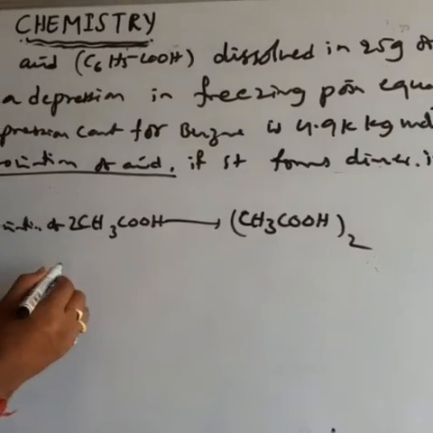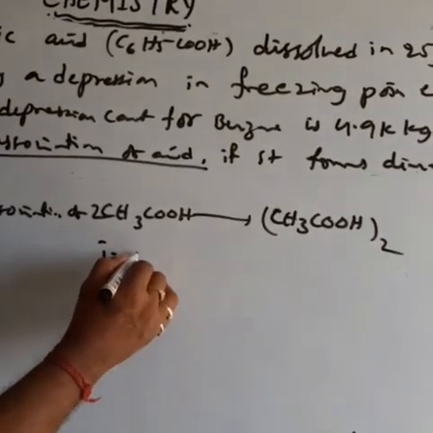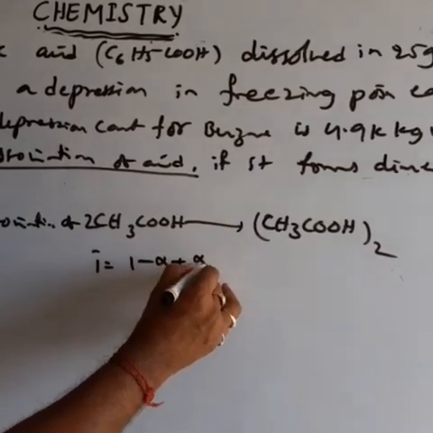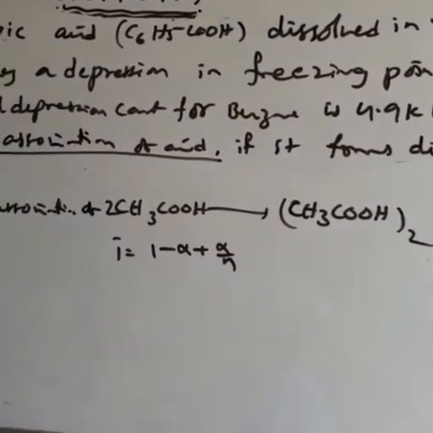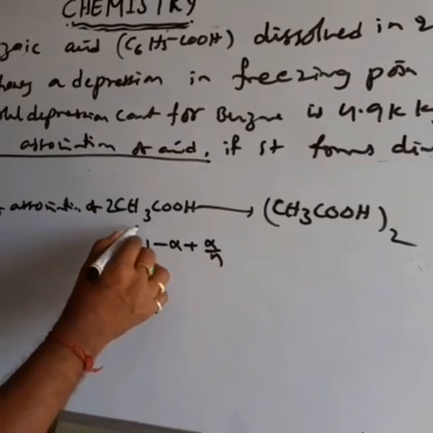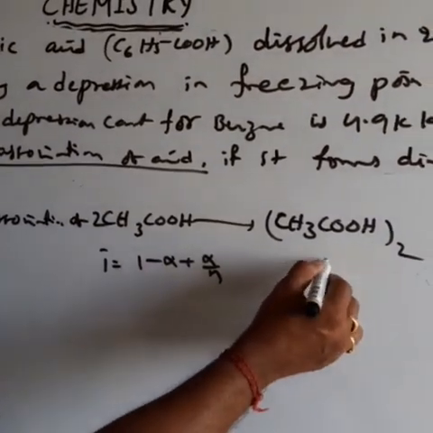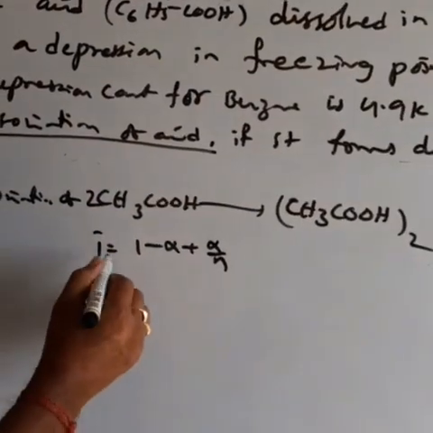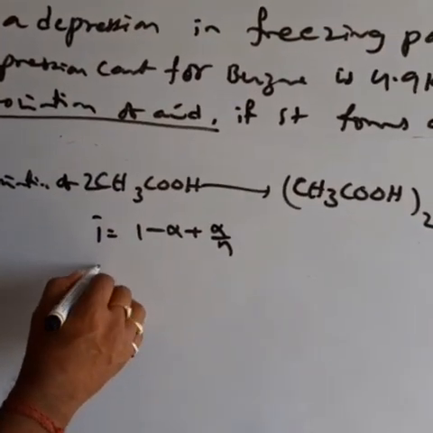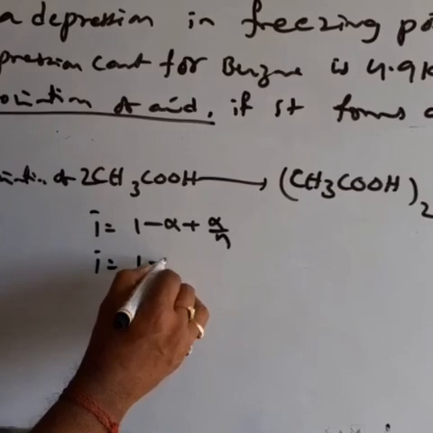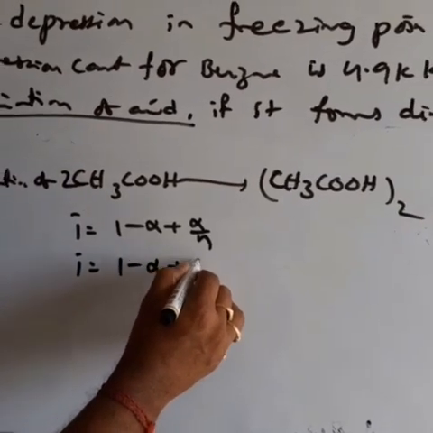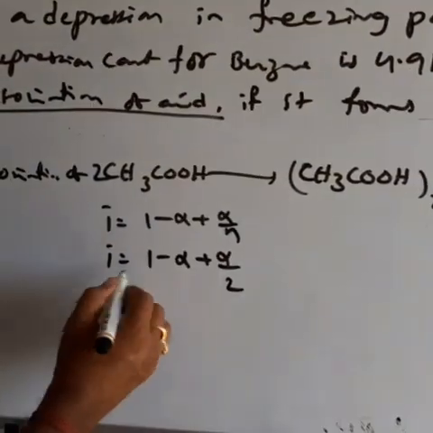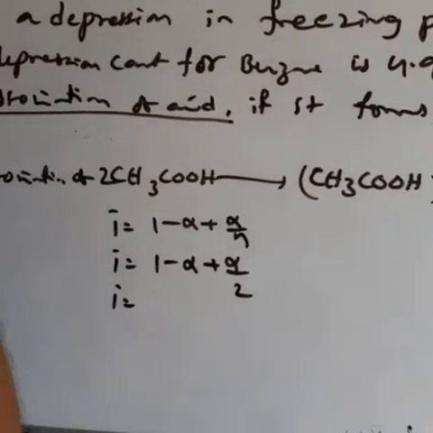According to that, the formula is I is equal to 1 minus alpha plus alpha by n. Here 1 mole, here 0 mole, and alpha is the degree of association. Alpha by n, with n value 2, is alpha by 2. So from this formula, I is equal to 1 minus alpha plus alpha by 2.